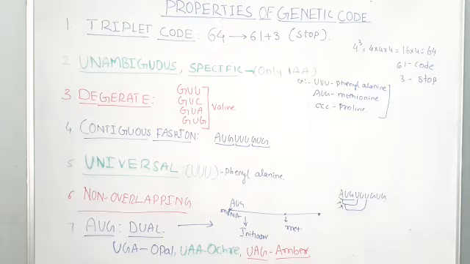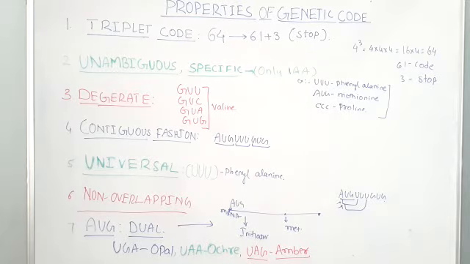Whether all the 64 triplet codes code for amino acids? No. Out of 64, only 61 codons code for the 20 amino acids required for protein synthesis.